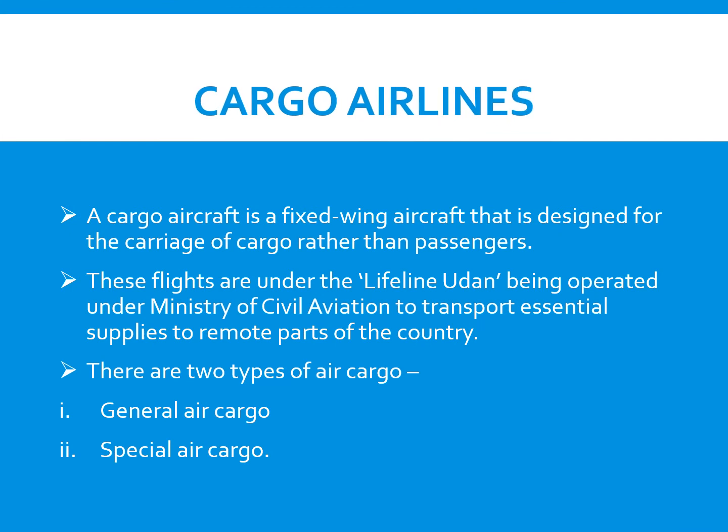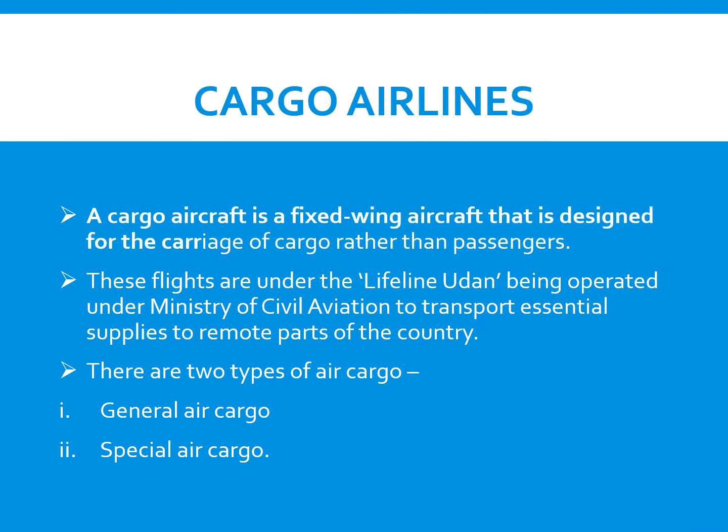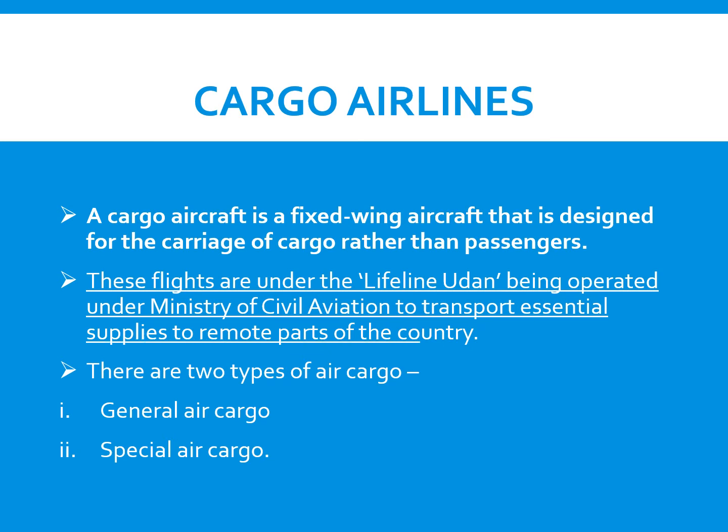Cargo airlines. A cargo aircraft is a fixed-wing aircraft that is designed for the carriage of cargo rather than passengers. These flights are under the Lifeline Udan, being operated under Ministry of Civil Aviation to transport essential supplies to remote parts of the country. There are two types of air cargo. They are general air cargo and special air cargo.